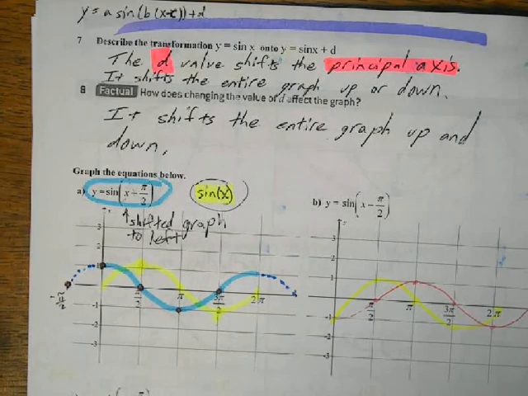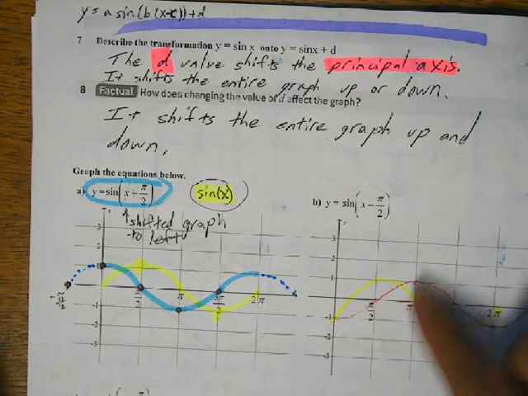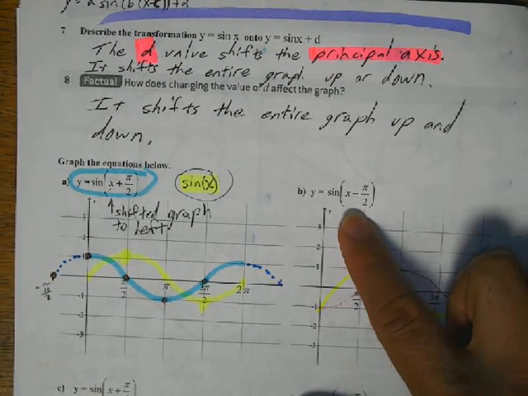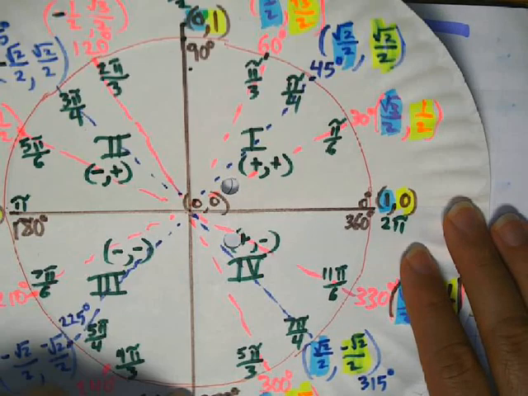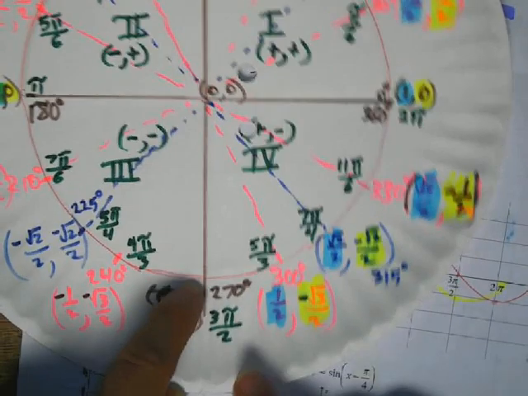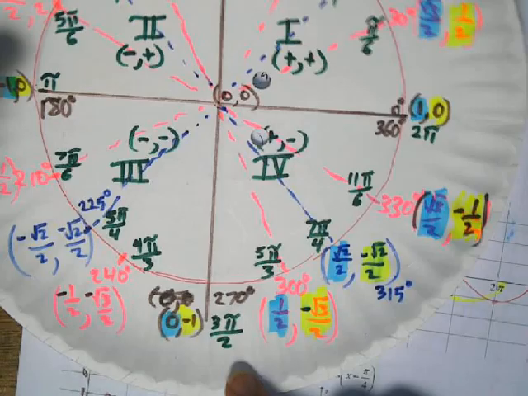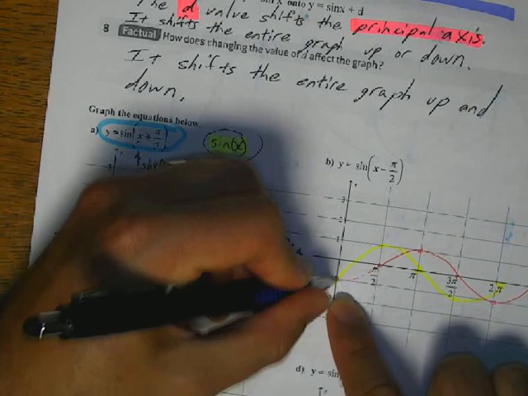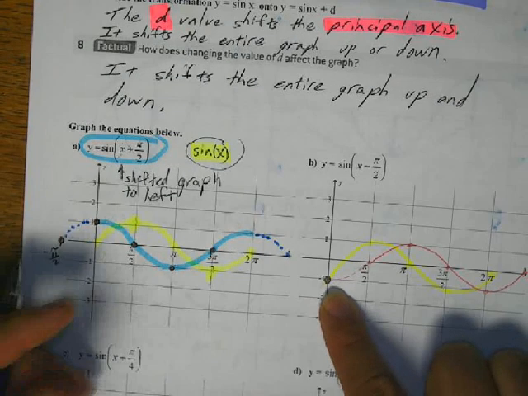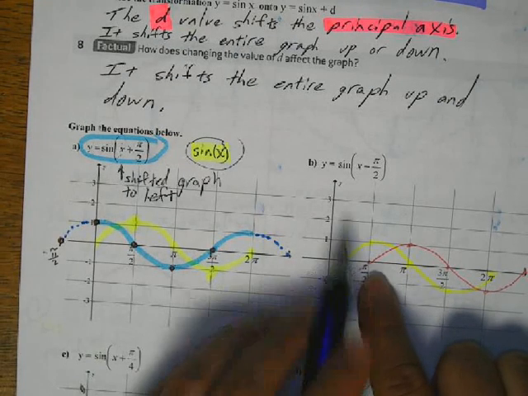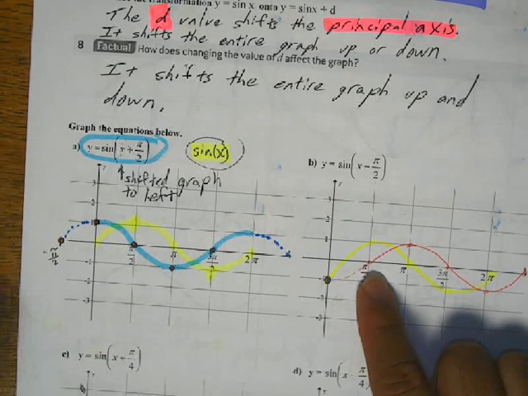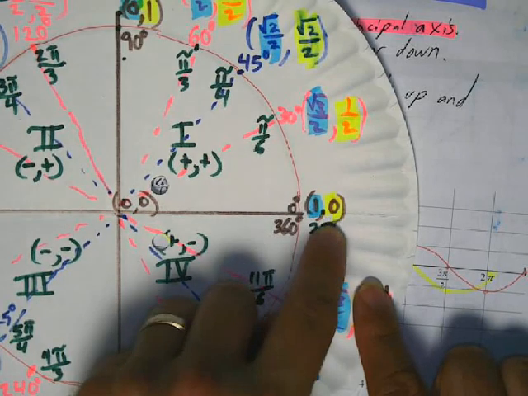Okay. And we do the same thing here, and I've got sine of x minus pi over 2. So if x was 0, I would be at negative pi over 2. If I go to my unit circle, at negative pi over 2 the y value is negative 1. So I'm going to start here at negative 1. When x is pi over 2, I've got sine of pi over 2 minus pi over 2, so this is sine of 0, which is 0.